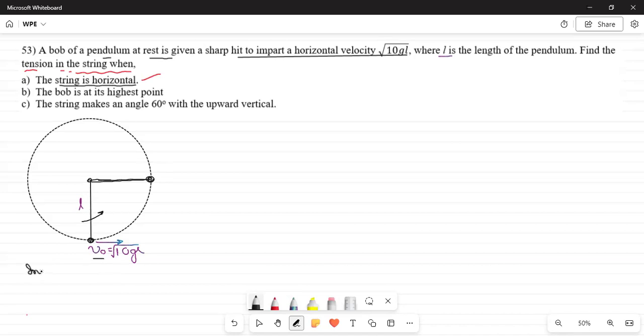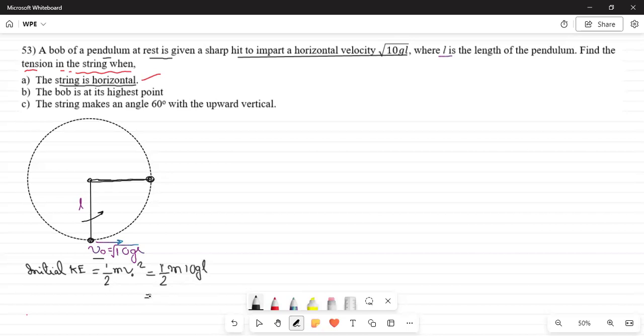Now let us also see what the initial kinetic energy is. Kinetic energy of the ball is half m v0 square. This is equal to half m, and v0 is given as root 10 gL, so this is into 10 gL.